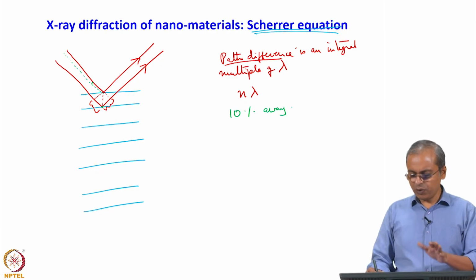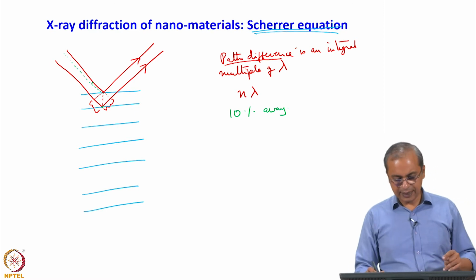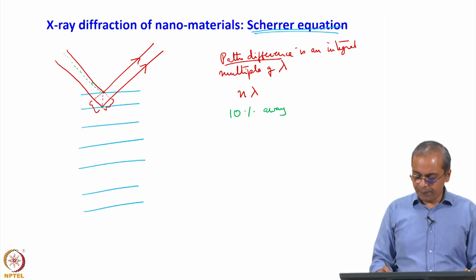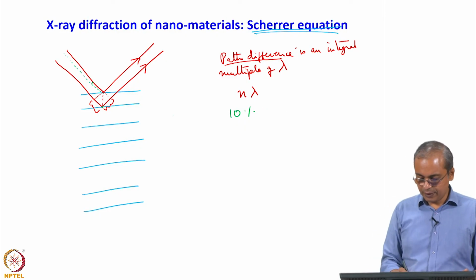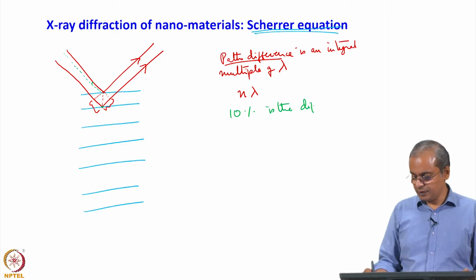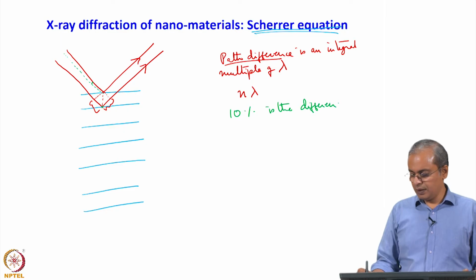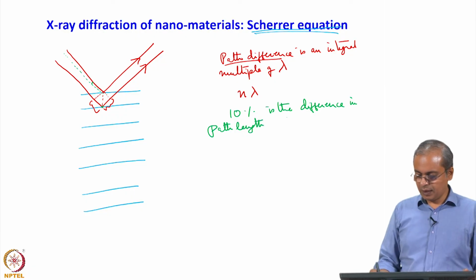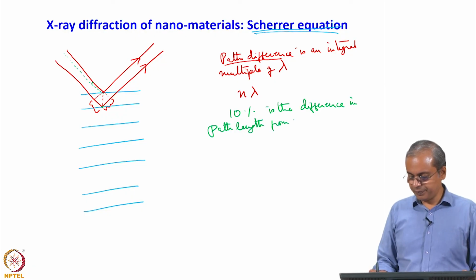Okay, it may not be exactly so because you have to do sin theta in this equation, but let us say that 10% is the difference in path length from an integral multiple of lambda.